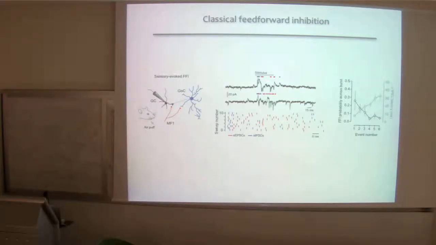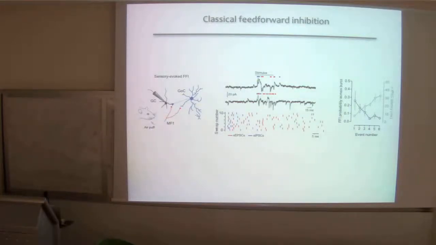What we can do in voltage clamp is sit at an intermediate potential. So at minus 70 millivolts, you look at purely excitation. At 0, you look at purely inhibition. But if you sit at minus 40 millivolts, you see both excitation and inhibition going in opposite directions. So it's a nice little tool to have a look at where inhibition and excitation come in in terms of temporal order. Basically what we found was that in terms of the inhibitory input, you see fast basic IPSCs mainly at the onset of the stimulation, which is what we had seen previously.